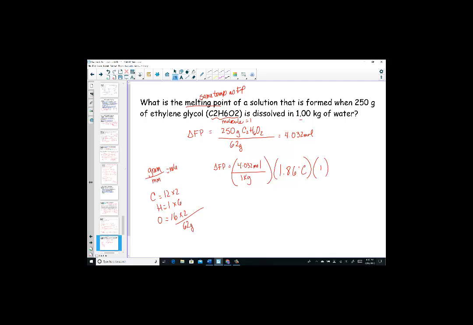So it's just simply 1 particle. So my 4.032 that I still have on my calculator screen times 1.86 times 1 is 7.5 degrees Celsius. Now remember, the new freezing point lowers it from 0 degrees, so it becomes negative 7.5 degrees Celsius. We have lowered the freezing point or the melting point, same temperature.